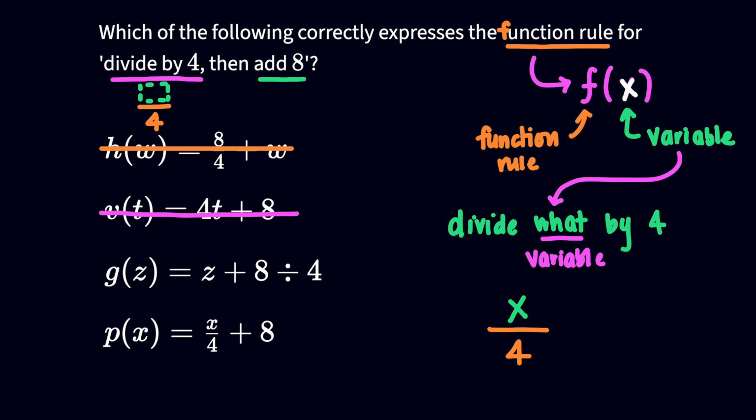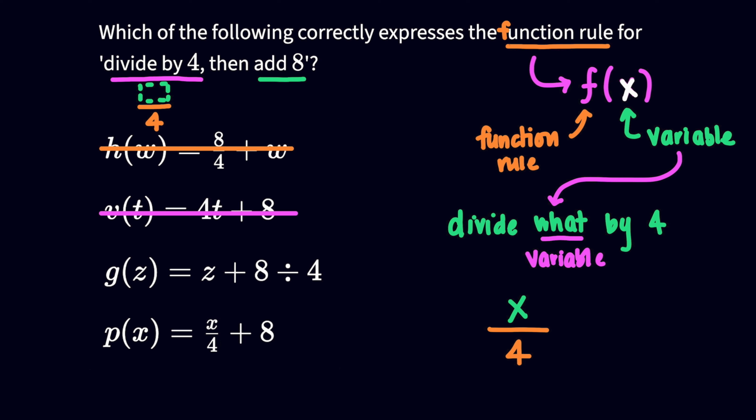So, bye. Now we're down over here. And we have the variable here, z, but the division sign is all the way over here, right? The 8, that's in the way. This one, I have the x divided by 4. So this one looks like a pretty good contender.